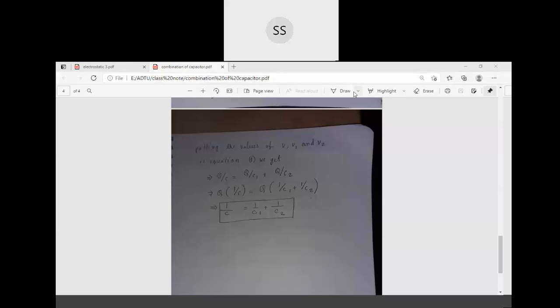Two capacitors of capacitance C1 equal to 6 microfarad and C2 equal to 3 microfarad are connected in series. Calculate the equivalent capacitance.